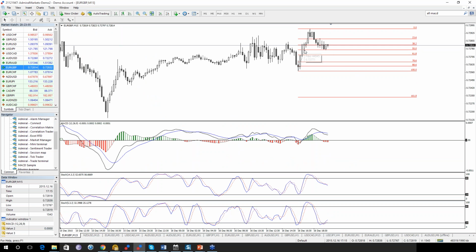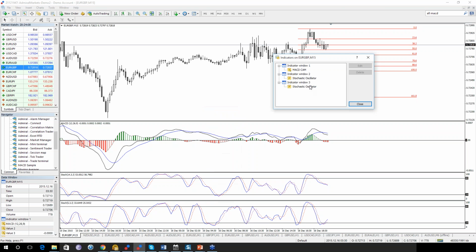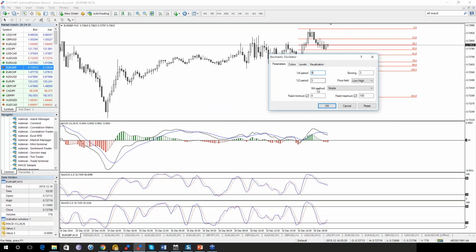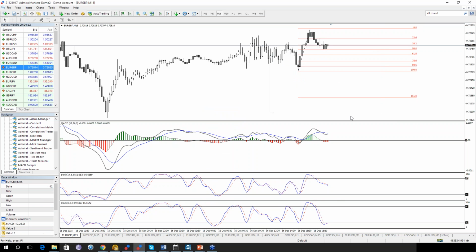But if we use logic, maybe it's not enough that we only see 20 pips of retracement. We want to see a little bit deeper retracement. So then we can experiment with the 8, 3, 3 stochastic. See here, it's a little bit better. So this is how we find it.